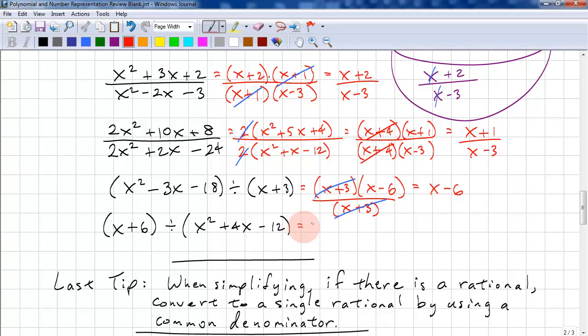Let's look at this one. We have x plus 6 in the numerator. We're looking for factors of 12 that have a difference of 4. So 12 and 1 don't work. It's a difference of 11. And 4 and 3 don't work. It has a difference of 1, so it must be 6 and 2. 6 must be the positive. 2 must be the negative, because 6 minus 2 is 4.